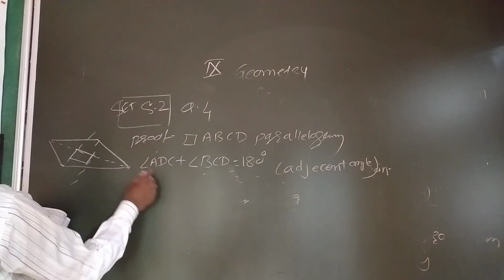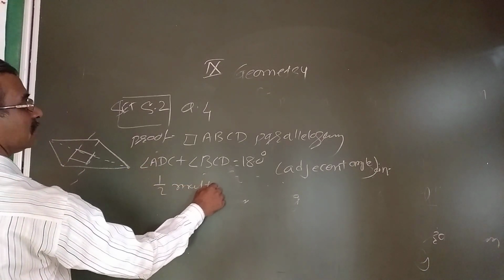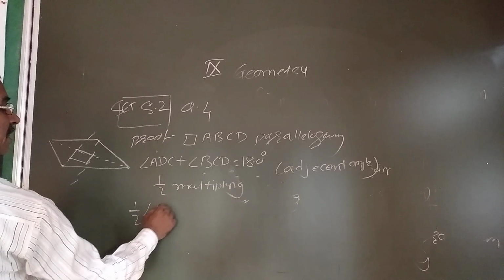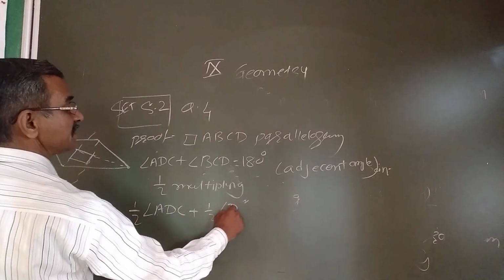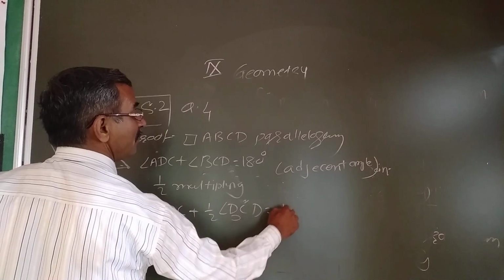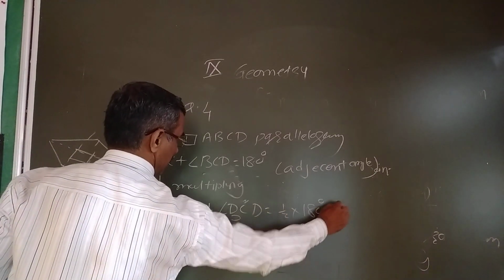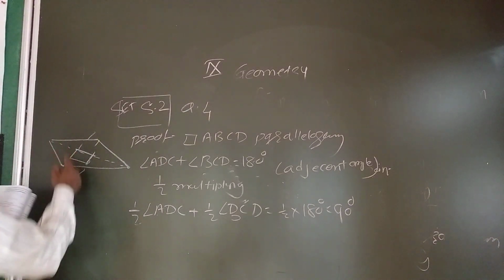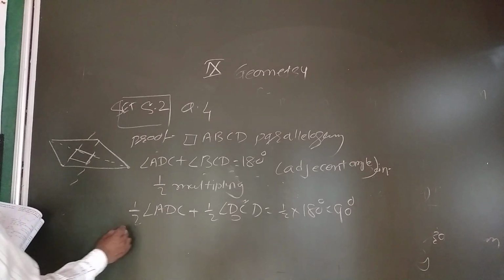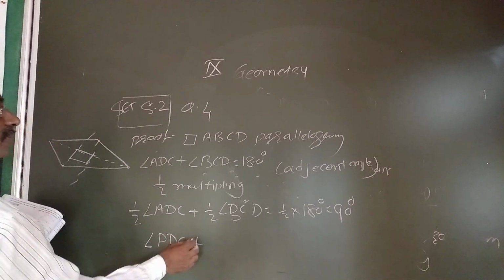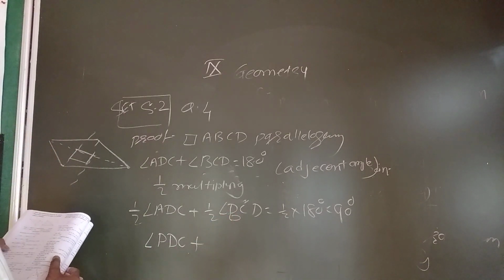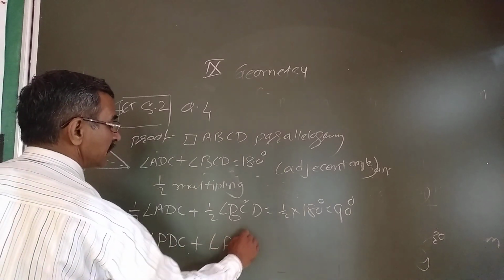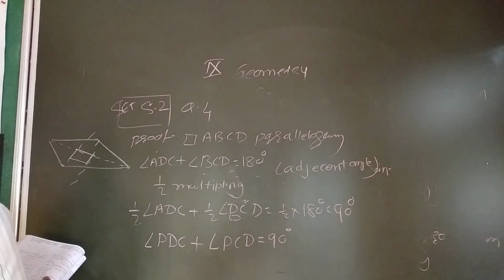Then multiplying both sides by 1/2, we get half of angle ADC plus half of angle BCD is equal to half of 180 degrees, that is 90 degrees. Since they are bisectors, half of ABC is equal to angle PDC, and half of BCD is equal to angle PCD, which together make 90 degrees.